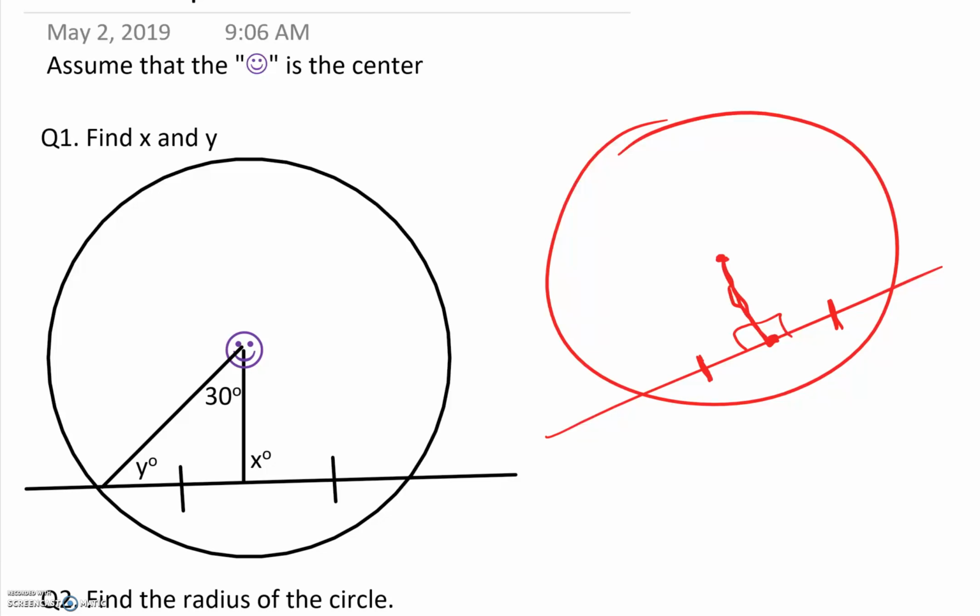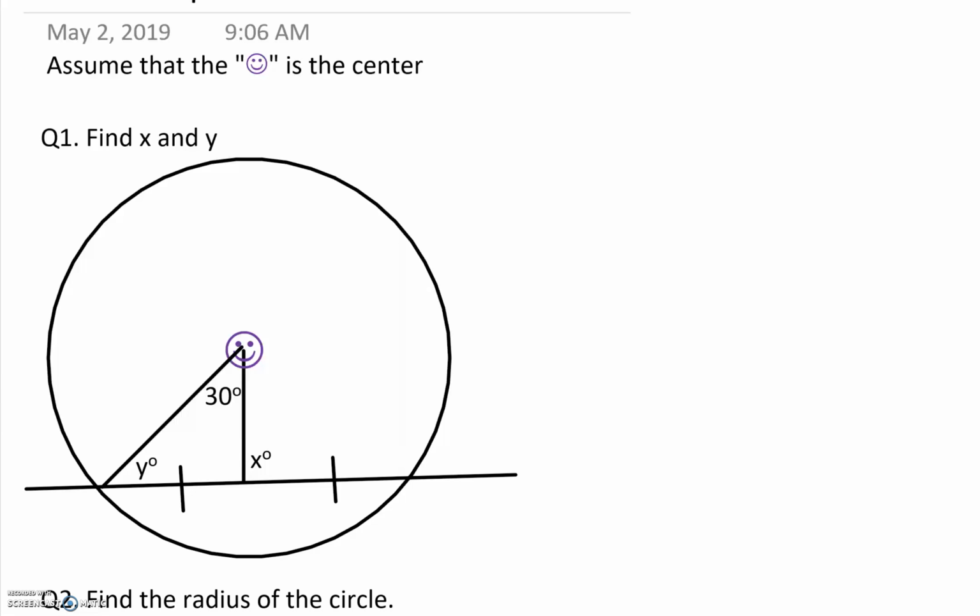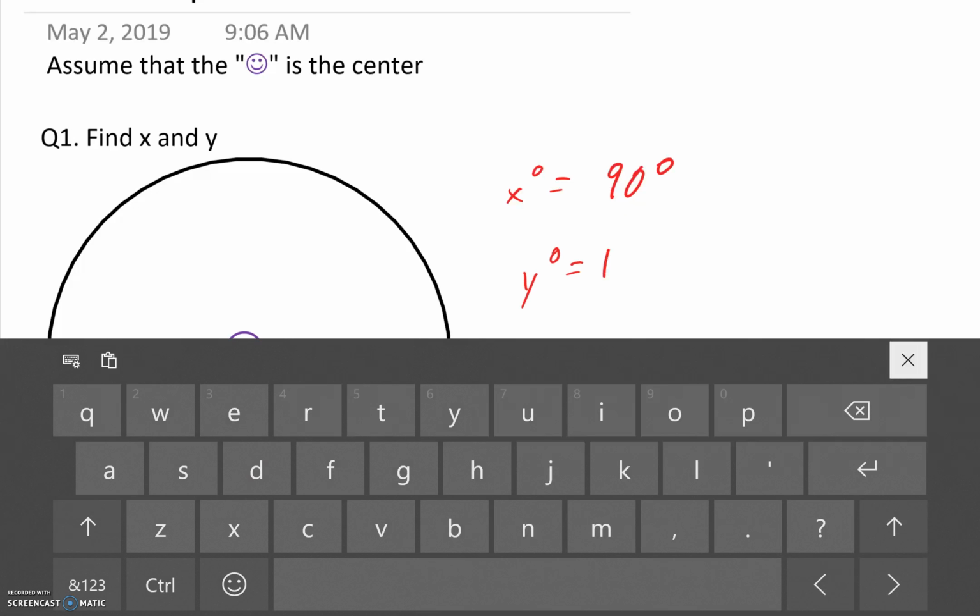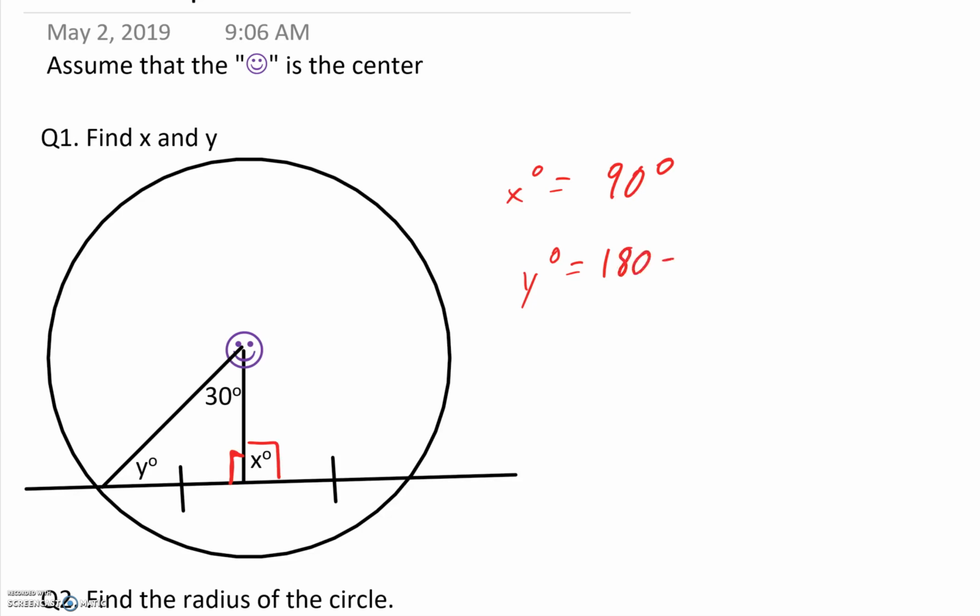Okay, so here that helps us because we know x is 90 degrees. Okay? Because it is the right angle. It also helps us because we know this inside here is 90 degrees. And so y is equal to 180 minus 90 minus 30 because of that entire triangle having to add up to 180.